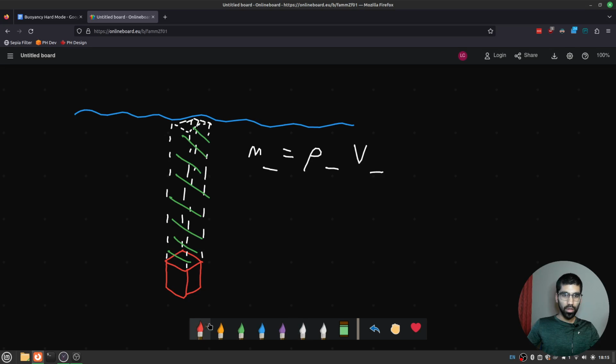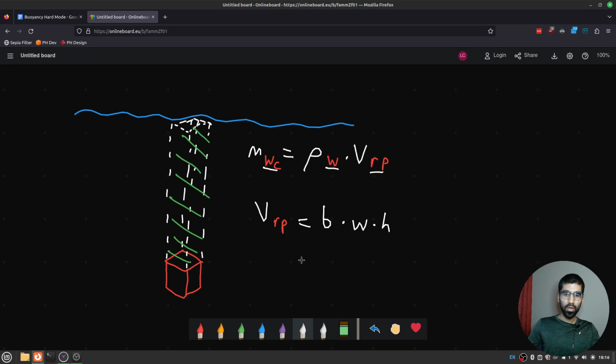I defined it earlier as WC for water column, so that's going to be the mass of the water column. What is the density of the material in this volume? It's just water in that volume, so the density is the same as the density of water. What is the volume, finally, of this water column? As I said, it's the same as the volume of a rectangular prism, so I'm going to put in RP. From basic geometry, the volume of a rectangular prism is equal to the base times the width times the height.